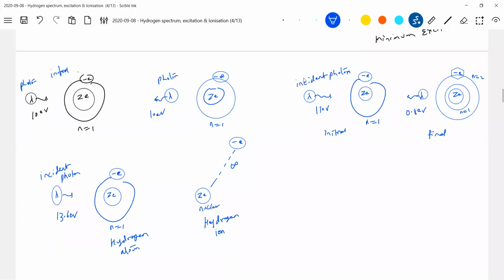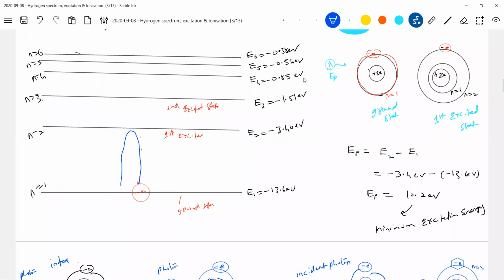I'm showing the separation as infinity. What is the ionization energy for the hydrogen atom? 13.6 electron volt. What is the binding energy of the electron for the hydrogen atom in the ground state? 13.6 electron volt. This is the binding energy of the electron.